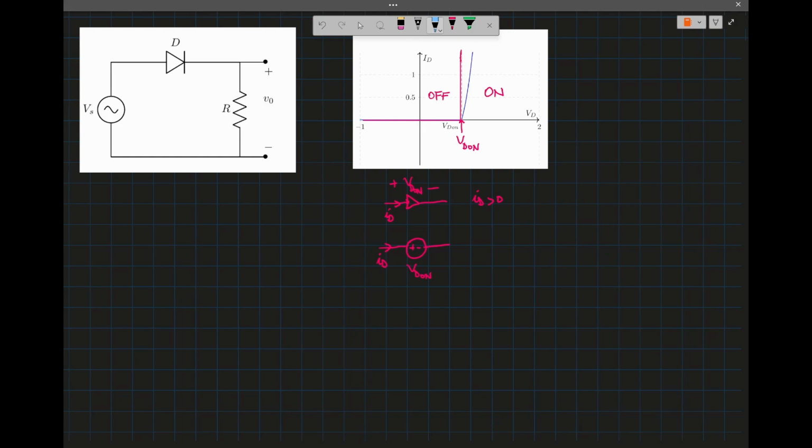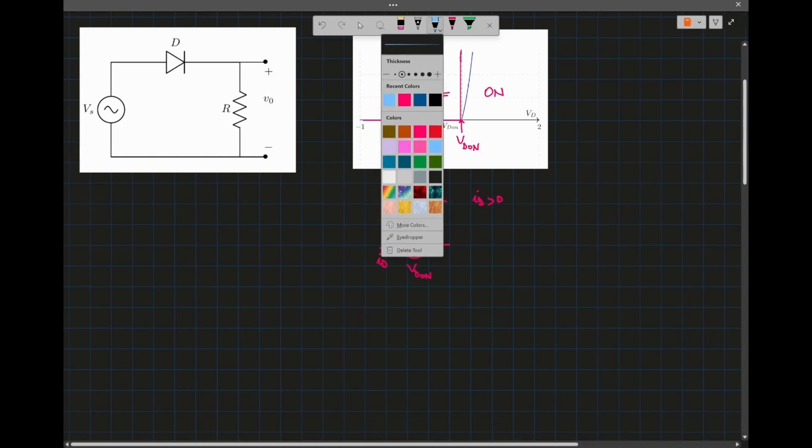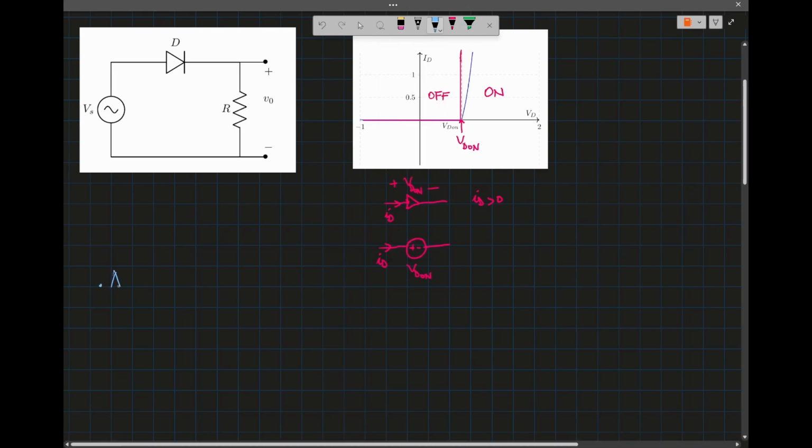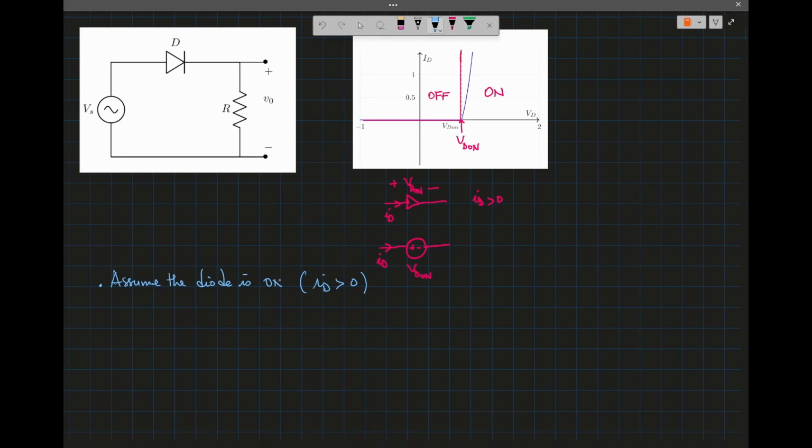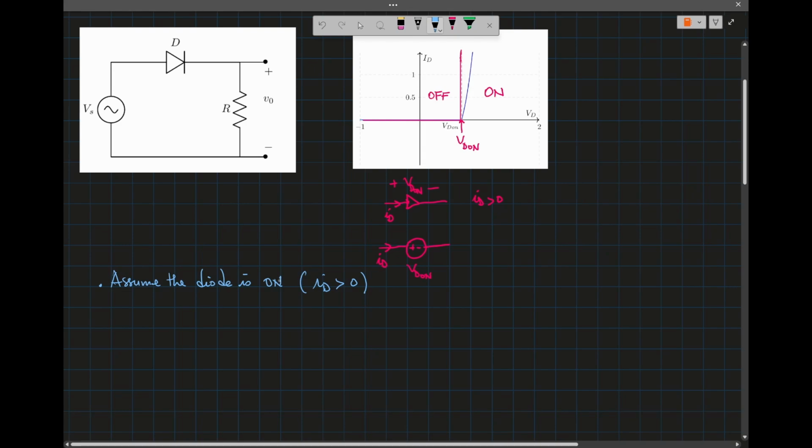So to be able to find the transfer characteristic, I'm going to start with when the diode is on. So I'm going to assume the diode is on. Okay, so in that case the current to the diode will be positive. If this assumption wasn't correct, then I'll end up with the current to the diode not positive.